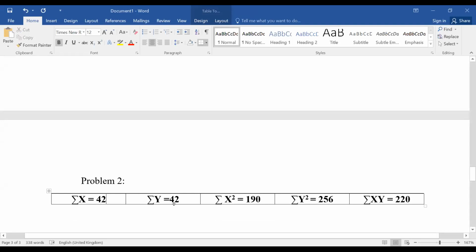Summation Y, 28. Summation X square, 336. Summation Y square, 154. And then 226. Okay, thank you.